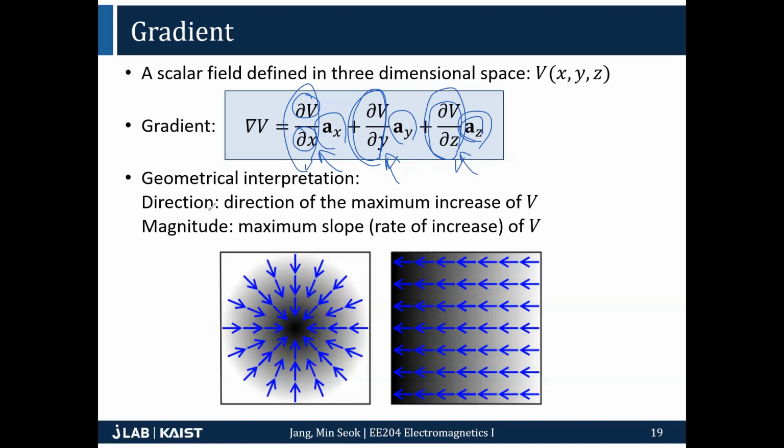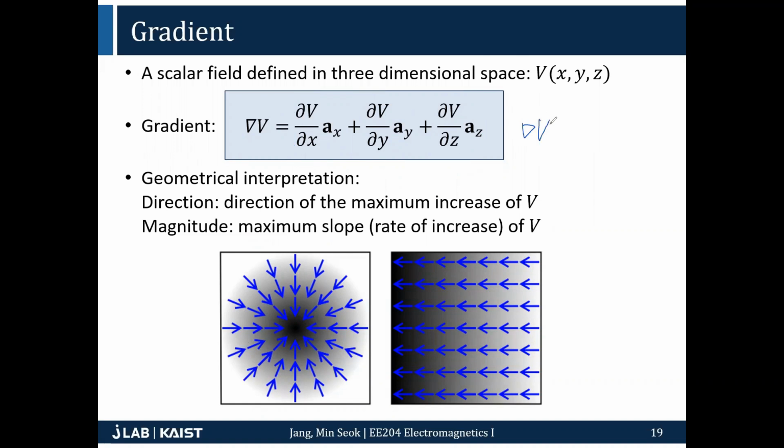And of course, the magnitude of a gradient vector tells you the maximum slope that you can achieve, right? So why is this the case? Let's think about this. If somebody asks you, what's the slope if you go along x direction?